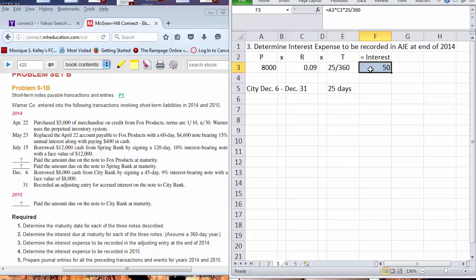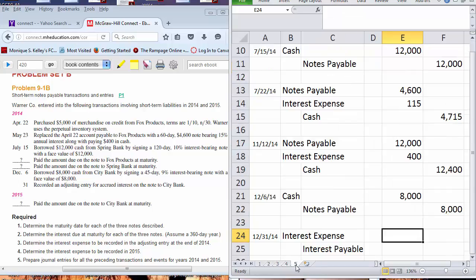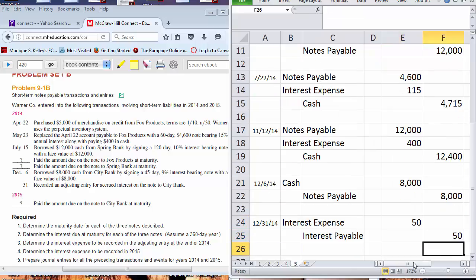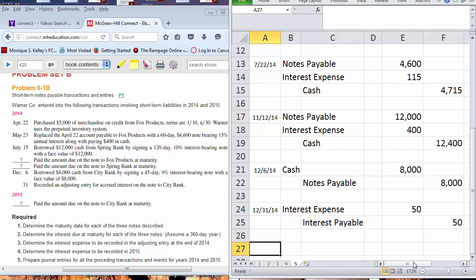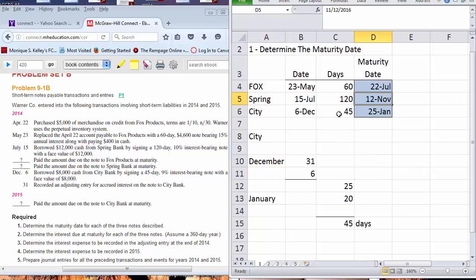So the AJE amount, that $50, which we use the 25 over 360 because those are the number of days. So that'll be the $50 and $50. Then we're now in a new year. Our date of maturity for the last note will be January 25th.